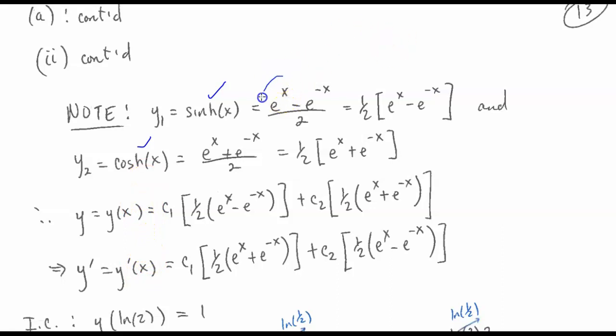But also note that these two functions here are not what we consider to be linearly dependent. In other words, I can't rewrite this function and this function as a constant multiple of each other. Okay. So it looks like it could be that way, but because of this minus and this plus here, that wouldn't be possible. Okay.